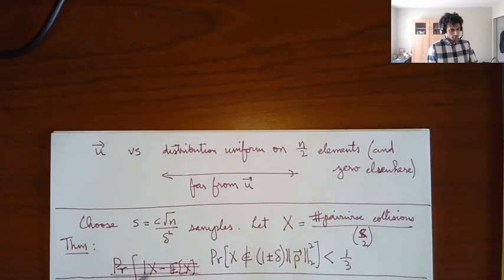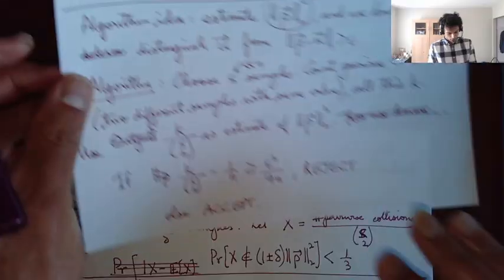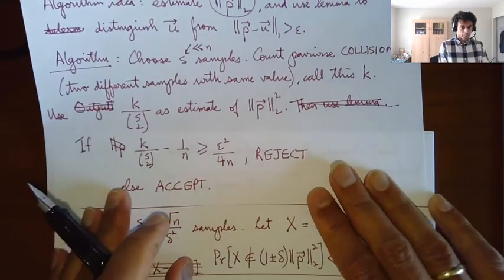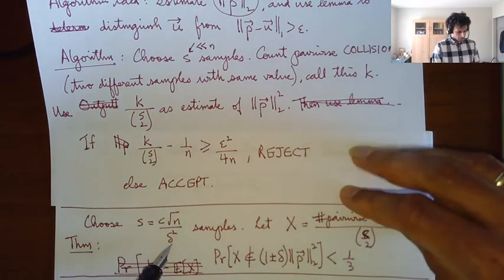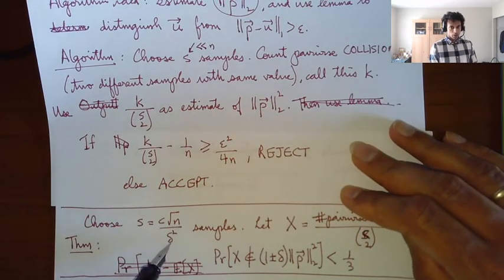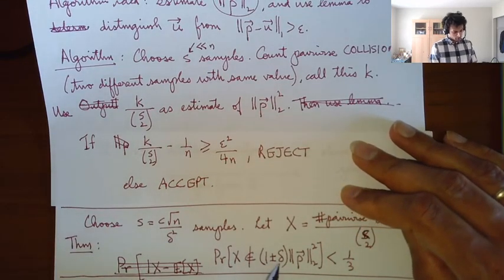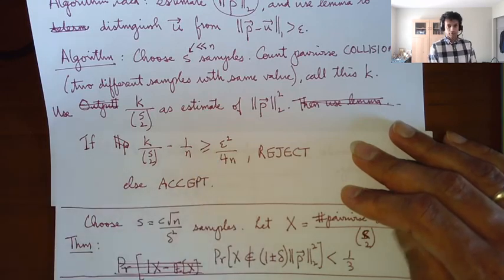And going back to the analysis here, I'm going to set delta to be epsilon squared so that I can get the desired accuracy.